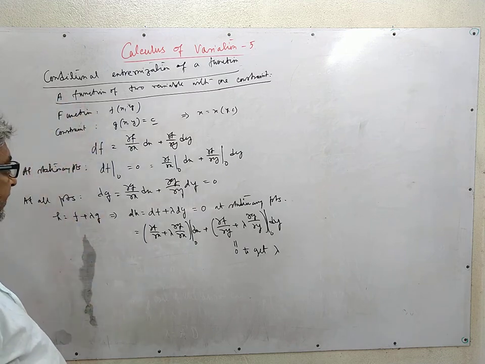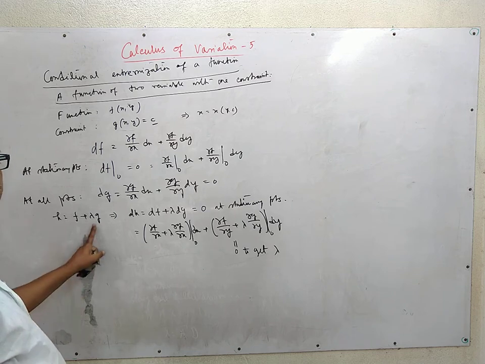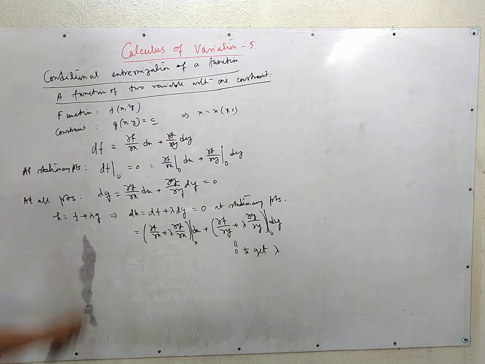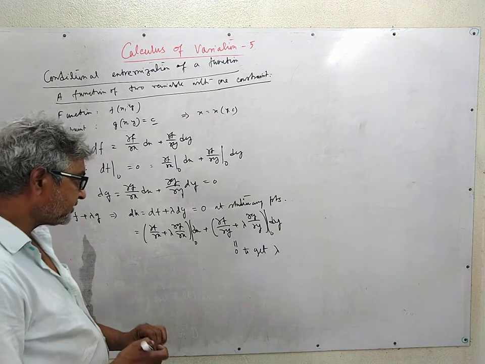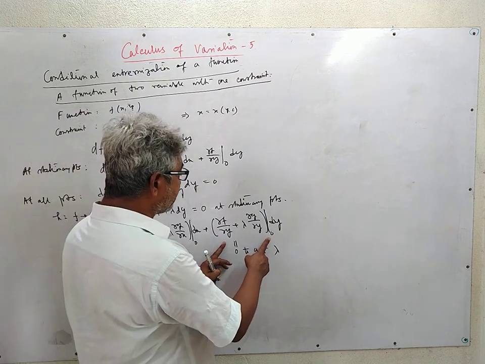We take the differential of both and multiply the differential of the constraint by a multiplier lambda, Lagrange's undetermined multiplier, whose name will be clear soon, and set the total differential to 0 at the stationary points. Here we forcibly set lambda to have such a value so that it makes 0.